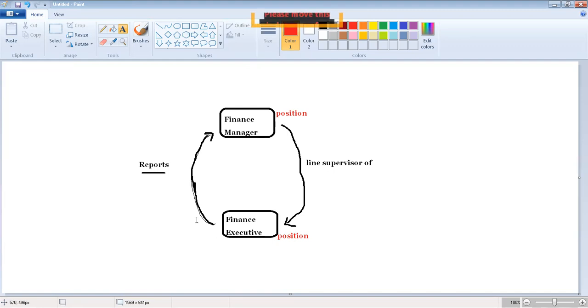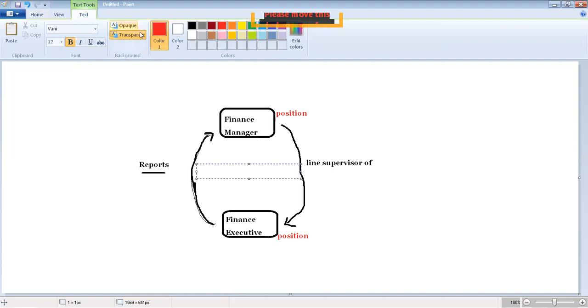So this kind of relationship I'm maintaining in two ways. One is a finance executive reports to finance manager. Another one is finance manager is the line supervisor. So this type of relationship, I can call it as A type of relationship.